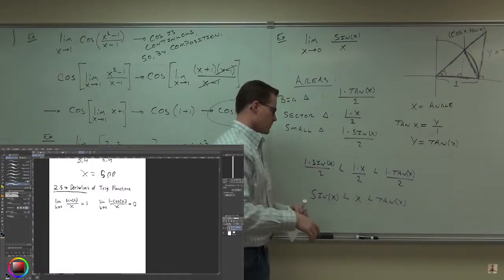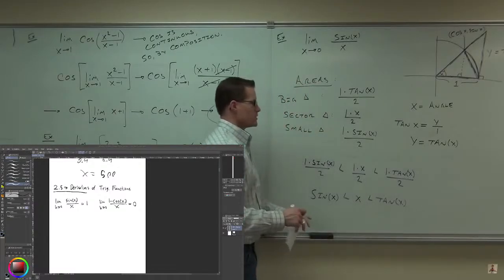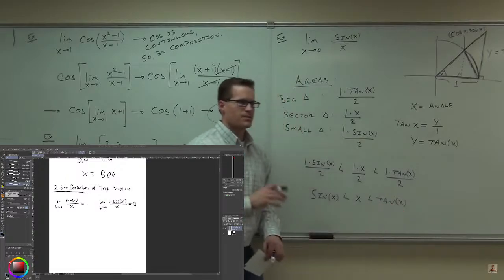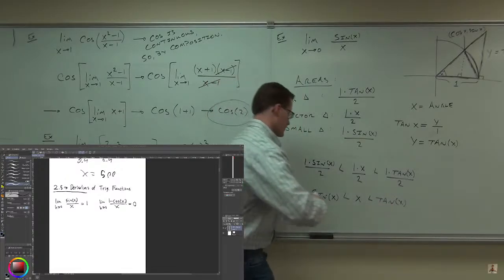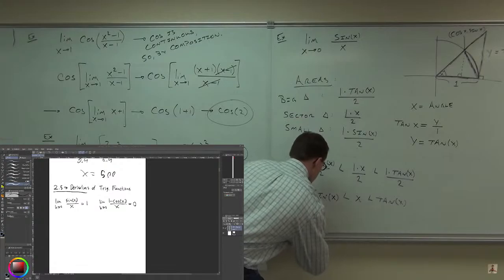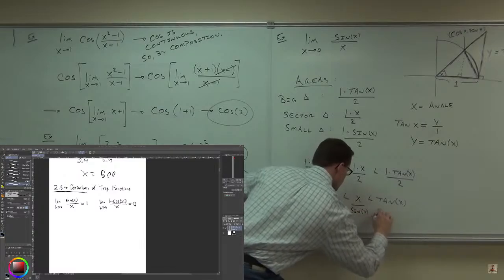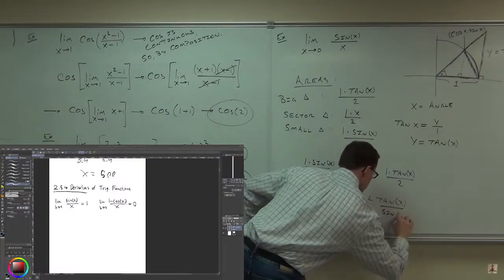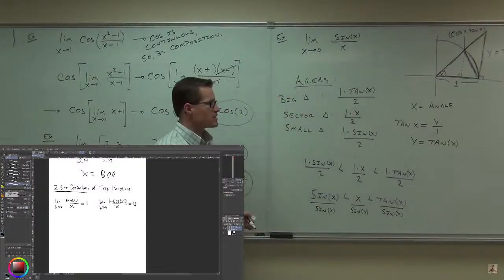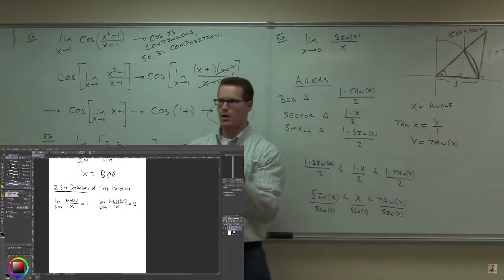Now here's the cool part. I'm going to divide each of these 3 things by sine x. Where sine x is positive, in the positive quadrant, that's okay. We're talking about a positive angle right here.